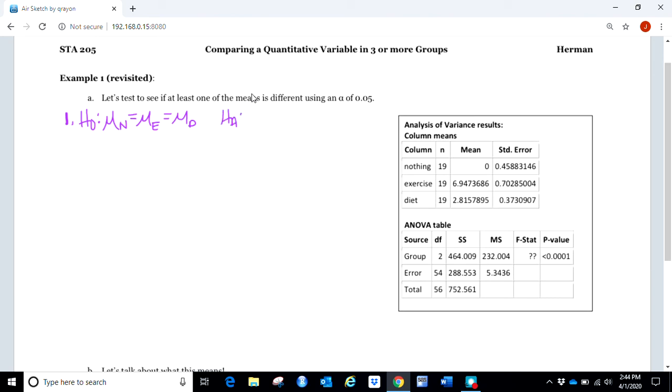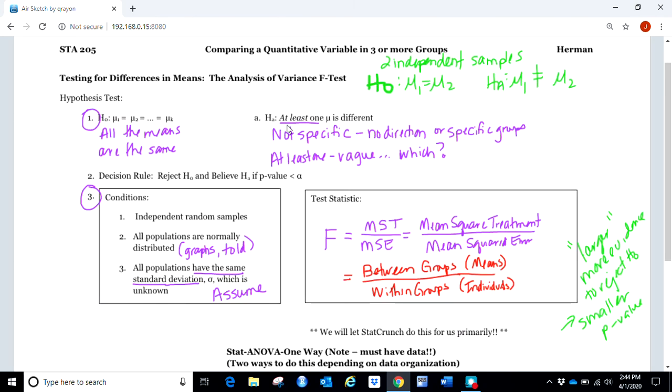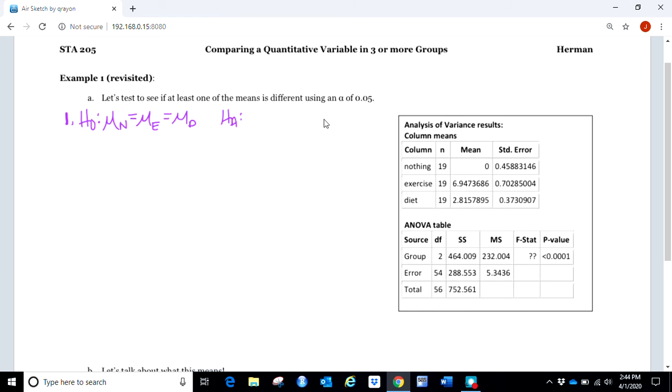Our alternative hypothesis, again going back to our steps here, is going to be that at least one of the means is different. This was very different than what we saw before because there's no symbol or sign going on between any of the means here. So it's just at least one of the means is different.